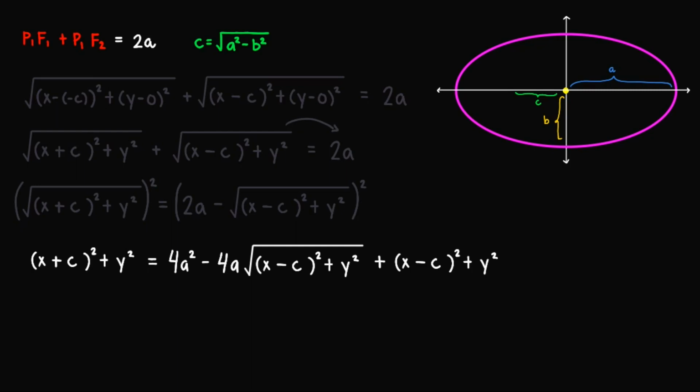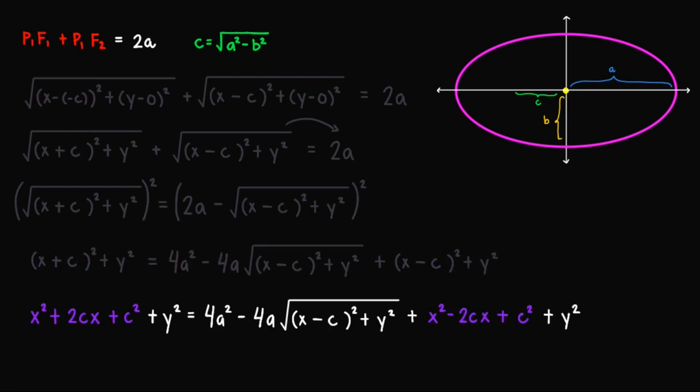From here, let's expand these out here. So by square of binomial again, we'll have this x squared plus 2cx plus c squared, and on the right we'll have x squared minus 2cx plus c squared. Then from here, observe that we have similar terms on the left and the right. Oh, not really this, but this one, x squared and x squared.